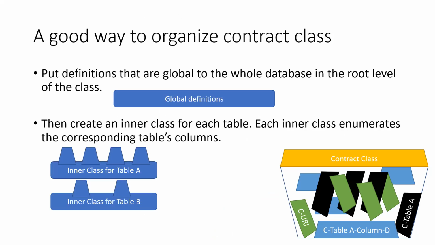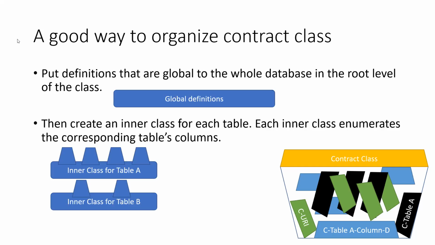For example, if a URI is global to your application, or one particular table is global to your application, put that at the root level. So put definitions that are global to the whole database in the root level of the class, and then you need to create inner classes for each table. Suppose you have 5 tables, you need to create 5 inner classes for them. Each inner class enumerates the corresponding table's columns.